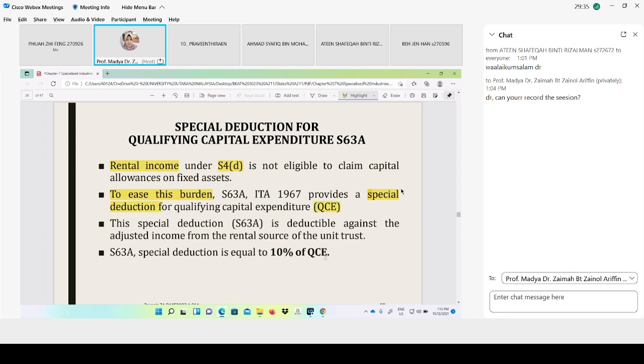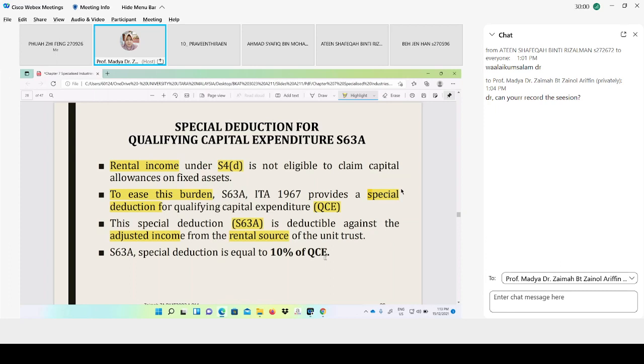That is under section 63 capital A. This is allowable to deduct under adjusted income only from the rental source of the unit trust, and not aggregate income. This is under rental source because rental source involves a lot of QCE.